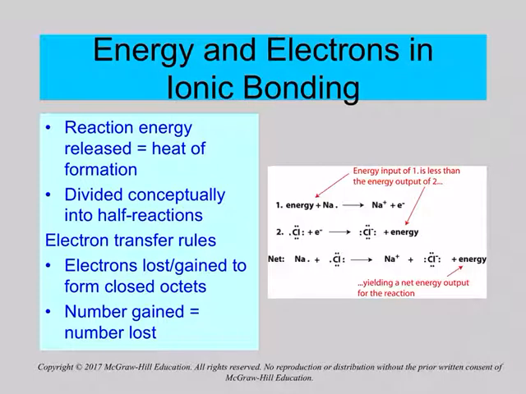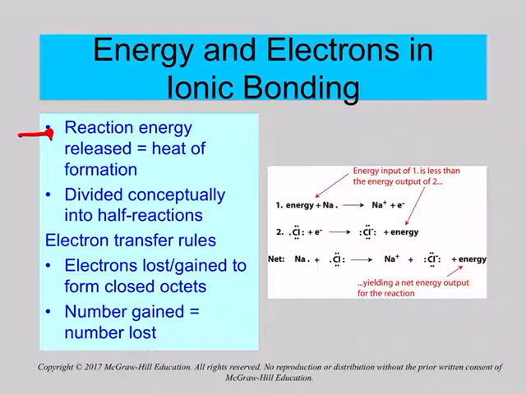Okay, so energy and electrons and ionic bonding. I don't know if you guys ever did any kind of chemical reaction lab in high school. Even if you just did one of those volcanoes, you know how the volcanoes will sort of explode once you mix the vinegar and the baking soda together. Well, if you ever feel it, it produces heat.